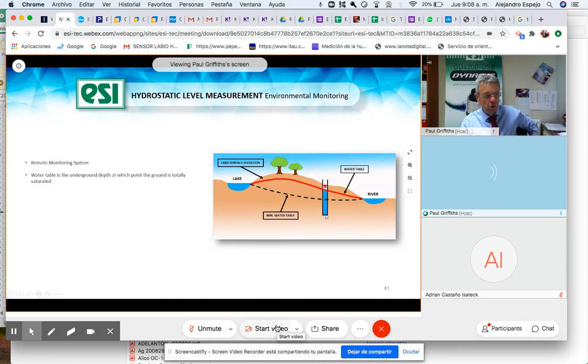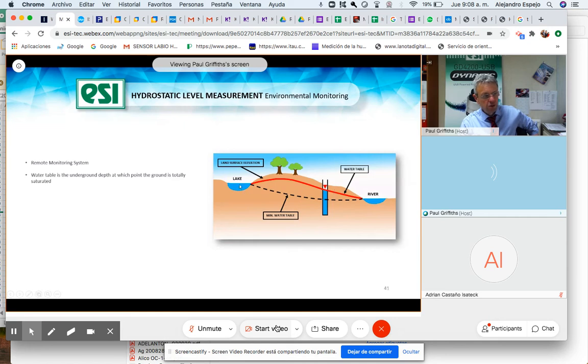They drill a hole into the ground, a borehole, and then they lower a transmitter into that hole, and they keep a close eye on what the level is. When it reaches a certain level after lots of rainfall, which they predetermine, they know what that level should be.